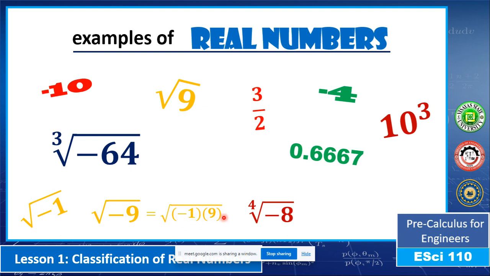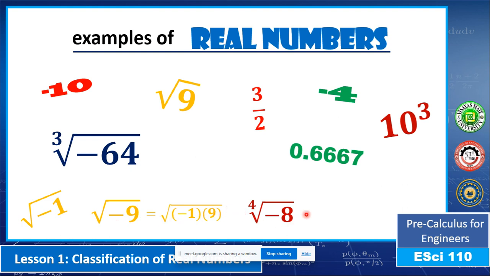See my cursor: the square root of 9 can be simplified and extracted, so we have either positive or negative 3. But this -1 inside is an imaginary number. Therefore, this expression, square root of -9, is not a real number. This is an imaginary number.